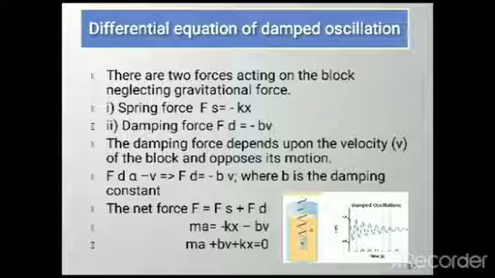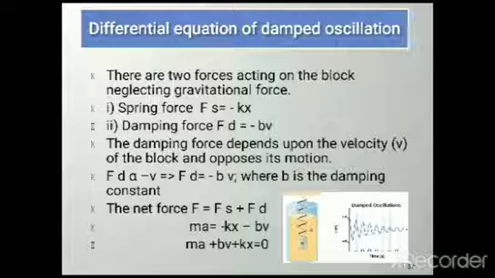The damping force Fd is equal to minus bv. Here v is the velocity of the block, which opposes the motion, and hence a minus sign is introduced in the formula Fd is equal to minus bv.